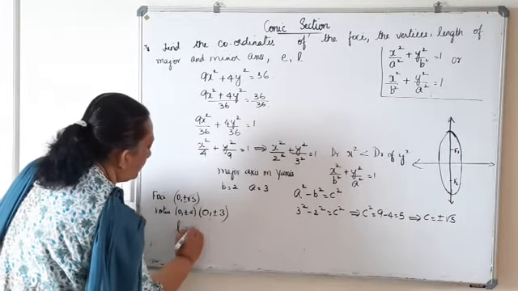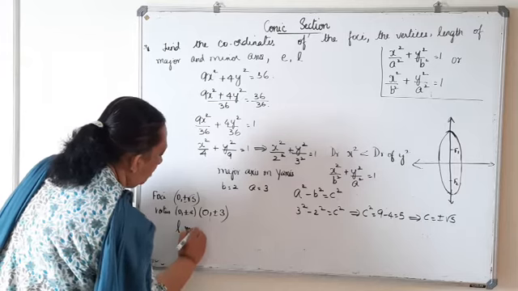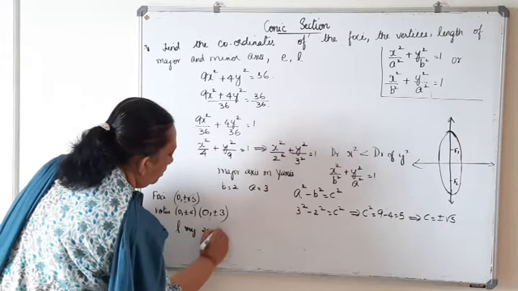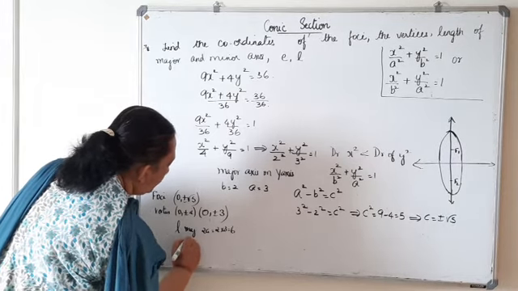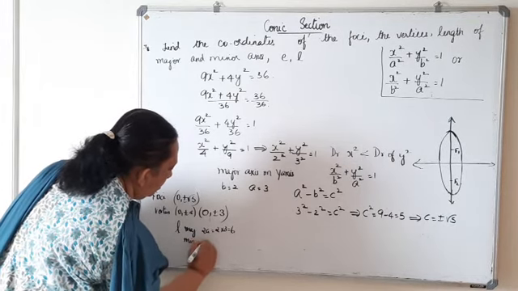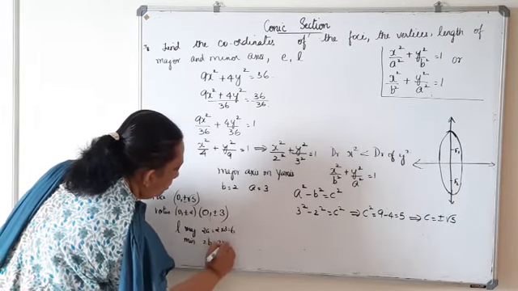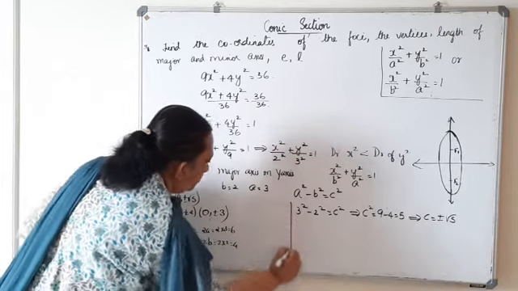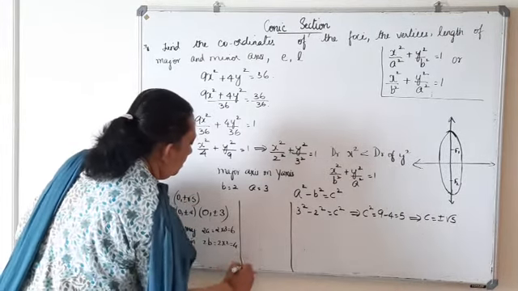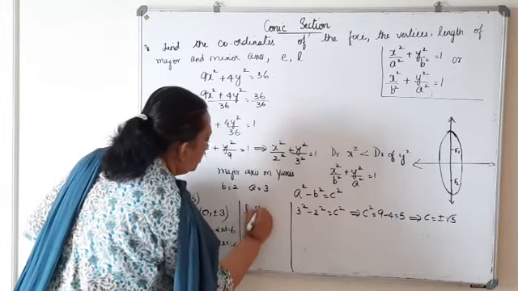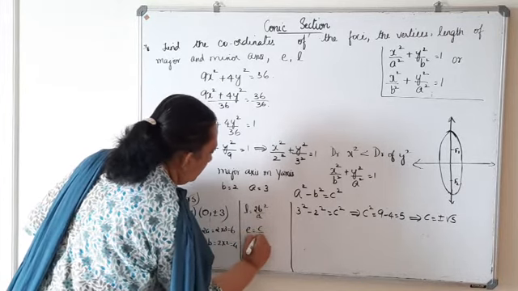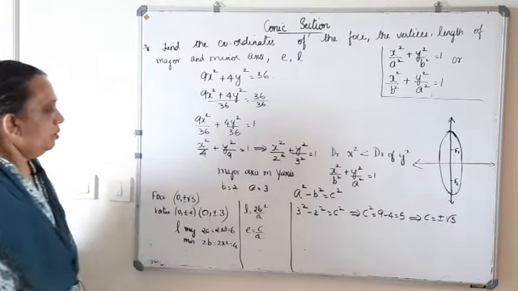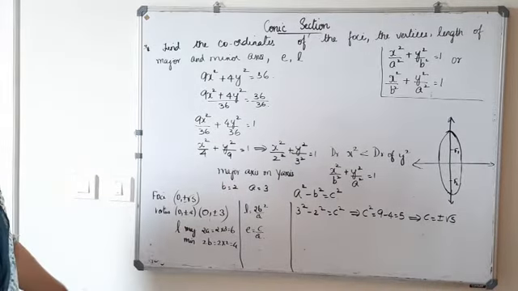Length of major axis 2a, 2 into 3, 6. Minor axis 2b, 2 into 2, 4. Latus rectum 2b squared by a. Eccentricity c by a. So you get all the terms.